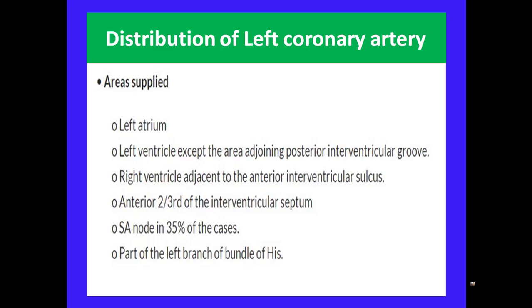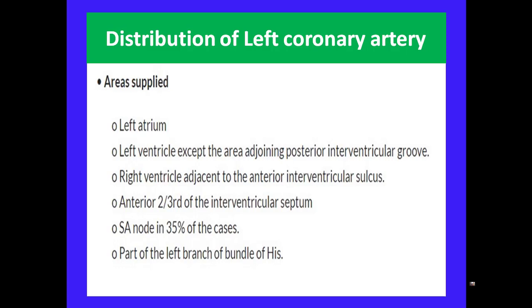Areas supplied by the left coronary artery are the left atrium, the left ventricle except the adjoining part of the interventricular groove, the right ventricle adjacent to the anterior interventricular sulcus, the anterior two-thirds of the interventricular septum, and the SA node in 30% of the cases. In 65% of the cases, the SA node is supplied by the right coronary artery.